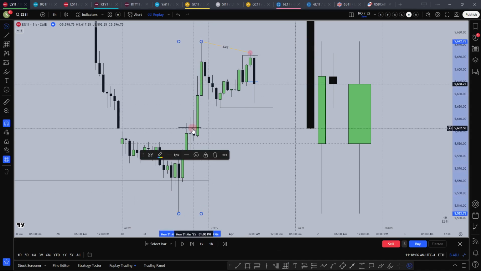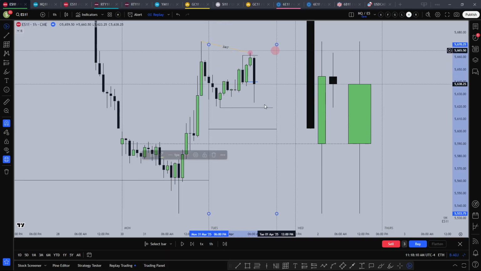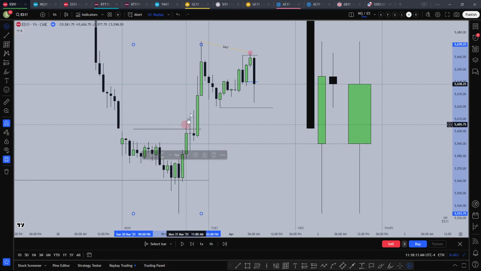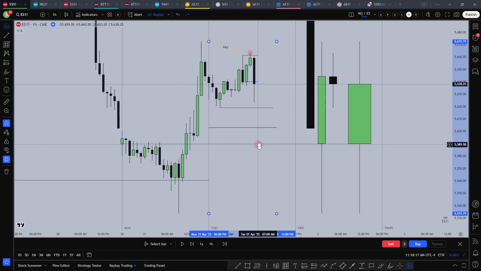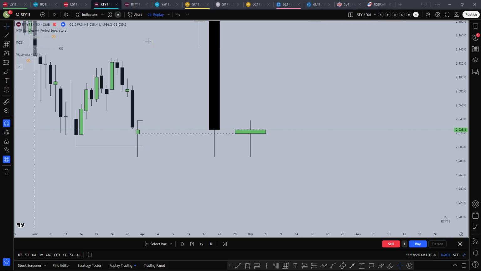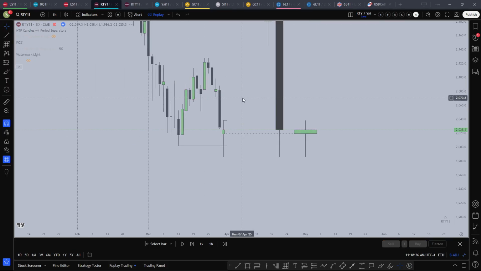So this EQ of the previous day's range would have been an objective to me. I would look to frame shorts till this level, not much below here, and using RTY, YM now.